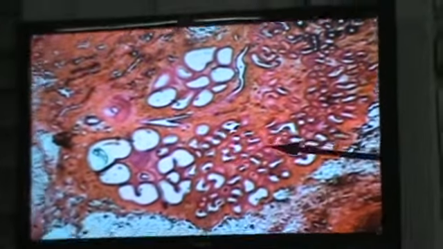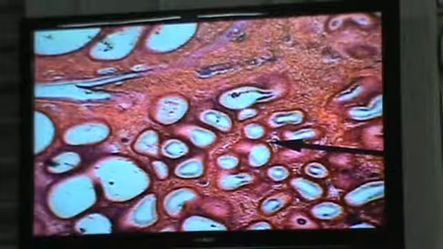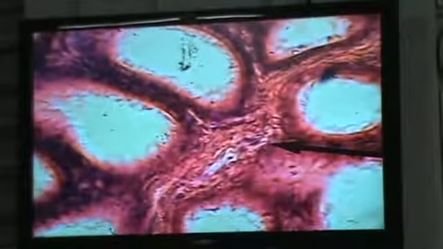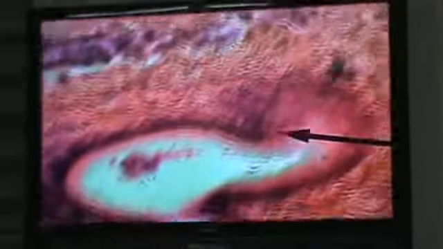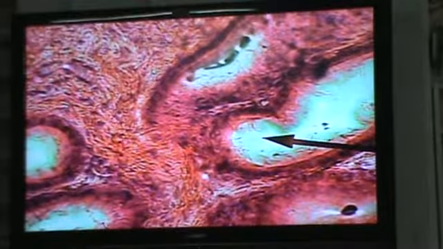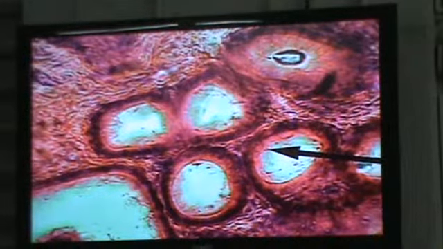Alright, so these small tubes up here. Okay.